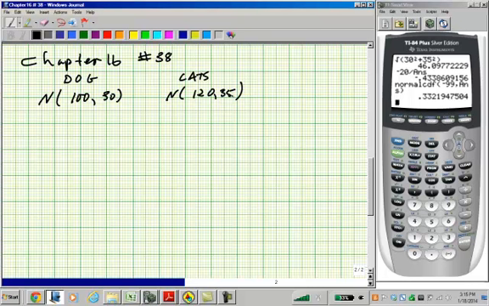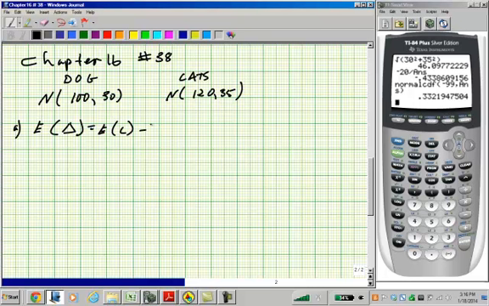Okay, so the first question is, what's the expected annual cost for a dog and a cat, right? What's the expected difference in medical care for a dog and a cat. So the expected difference, we could symbolize that by delta, equals the expected value of cats minus, we could do it either way.